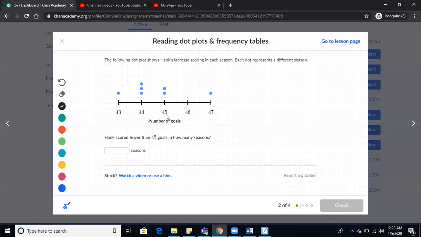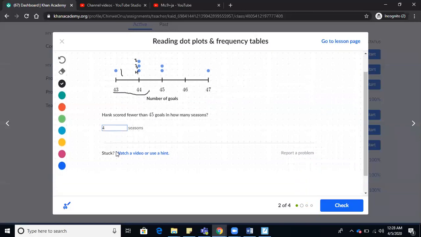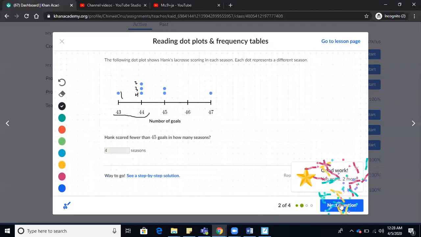So I want fewer than 45, which means only 43 up to 44. So I don't need all of these. I need to see how many seasons I either got 43 and 44. And I see that's 1, 2, 3, 4 dots. So that's going to be 4 seasons. I hope these make sense to you.